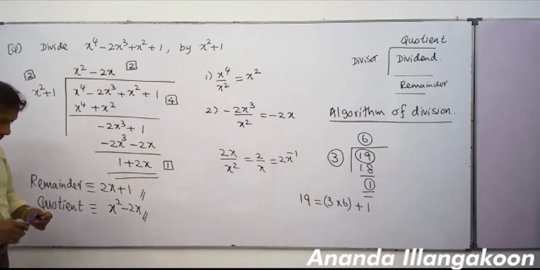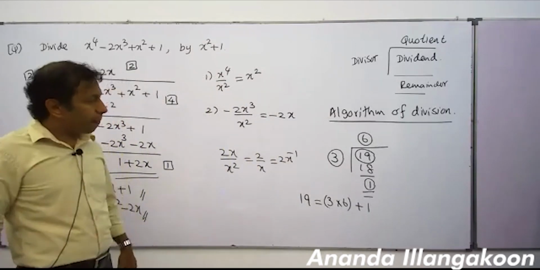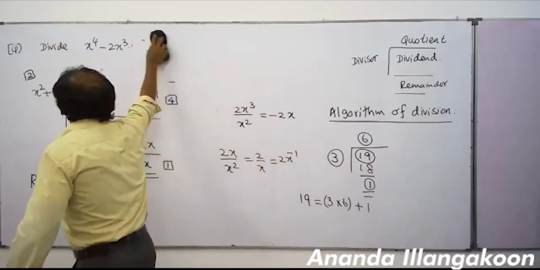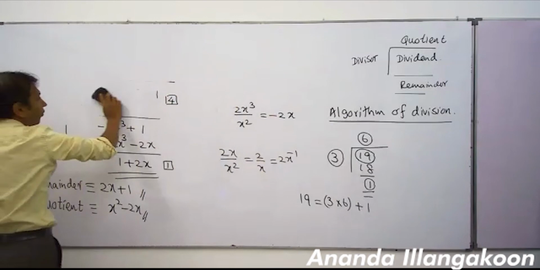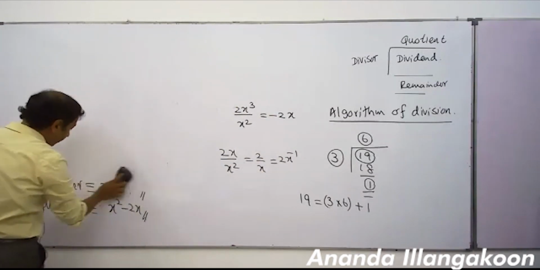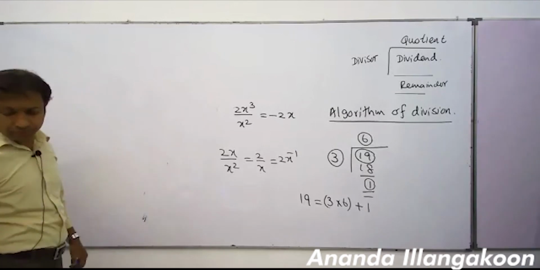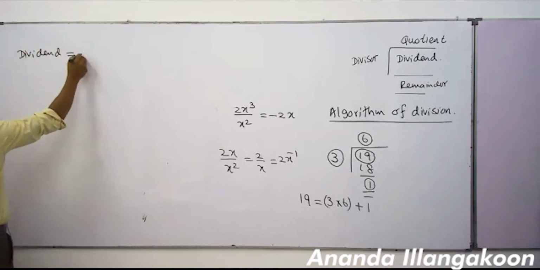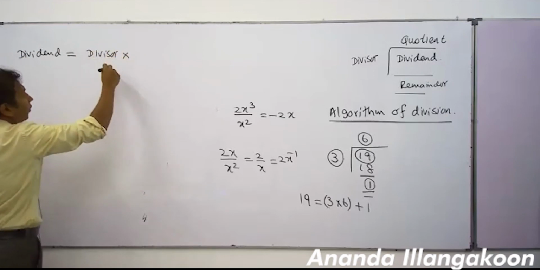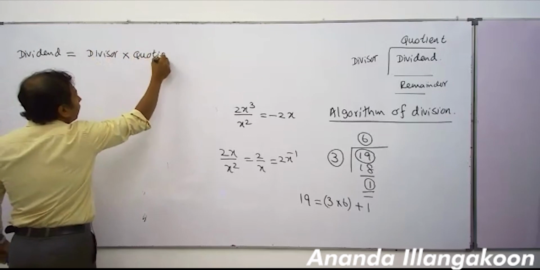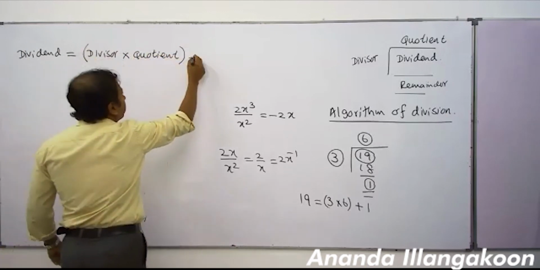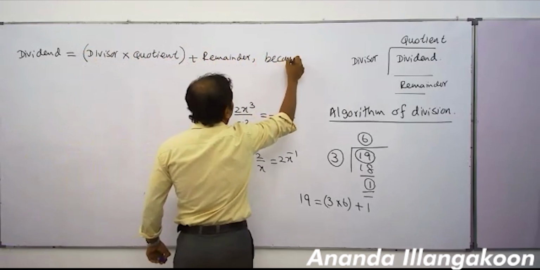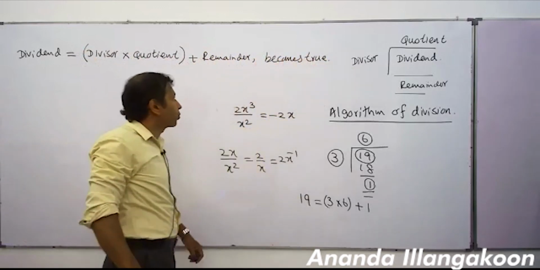Right. Write down: for any division, the relation dividend is equal to divisor into quotient plus remainder becomes true.